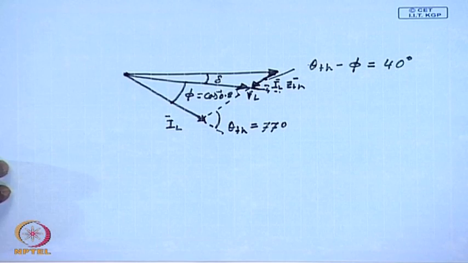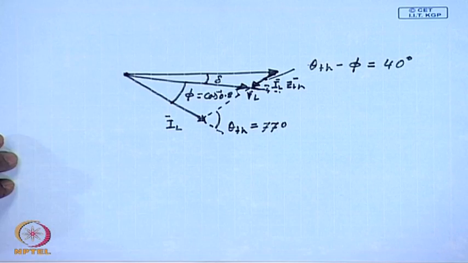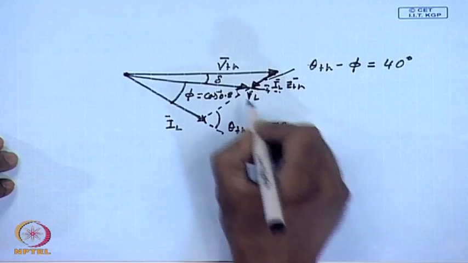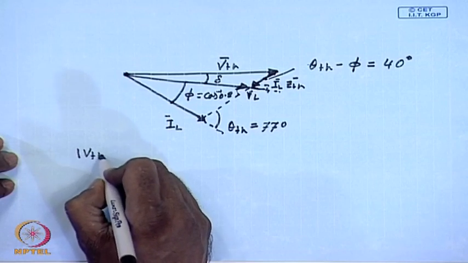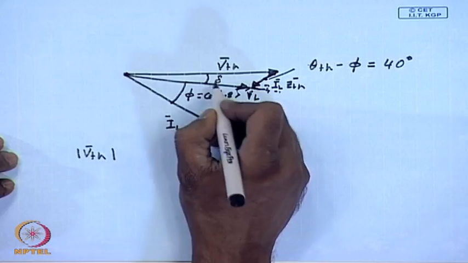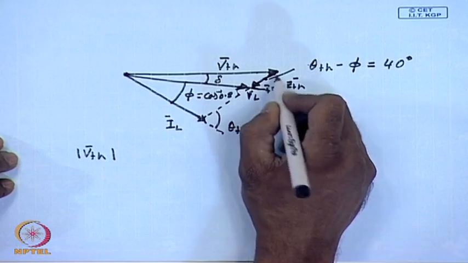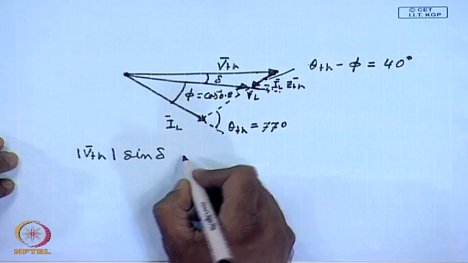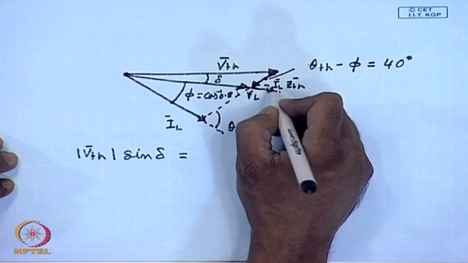Hence, from this phasor diagram we can write this is VTH, this is VL. So, mod VTH sine of the angle delta, which is the perpendicular component of VTH on VL, this is equal to same as the perpendicular component of IL ZTH on VL.